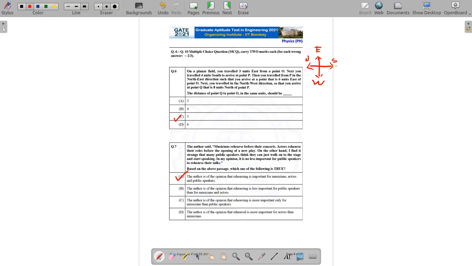On a planar field, you travel 3 units east. Okay, so you start from point O. Next, you travel 4 units to south. 1, 2, 3, 4. Then you travel from P in the northeast direction. So northeast will be this direction.